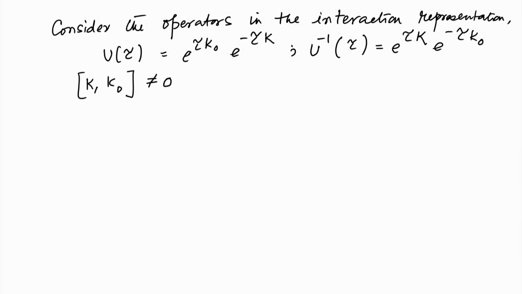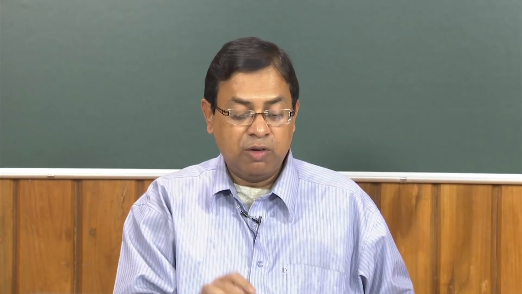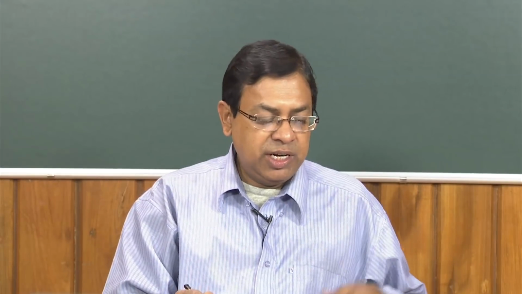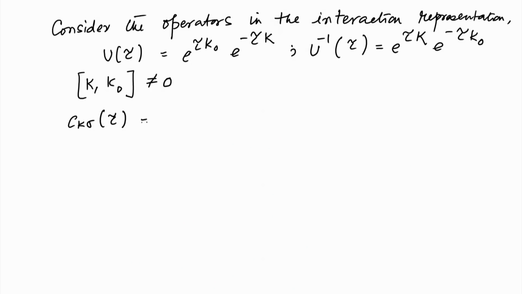Rather, there is a part of K which does not commute with K 0. As we have written it earlier, the operators can be written as c k sigma of tau, which is equal to exponential tau K 0, c k sigma, exponential minus tau K 0, which is equal to exponential minus epsilon k tau times c k sigma.